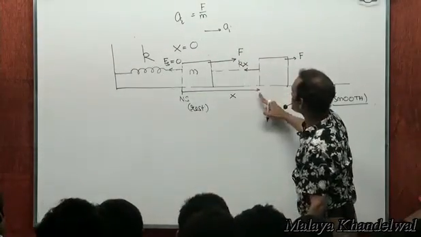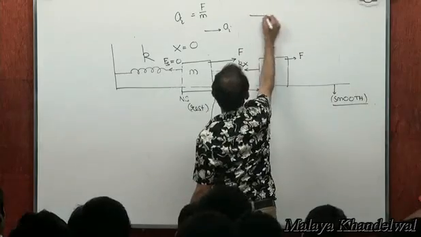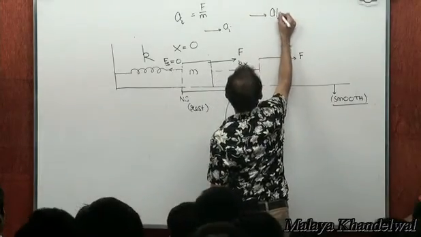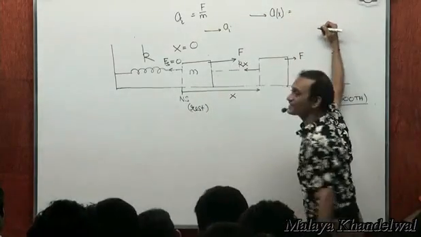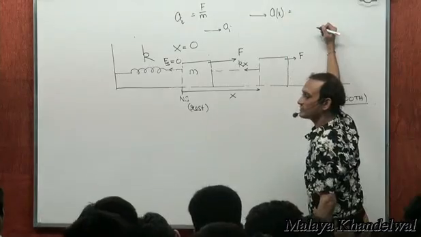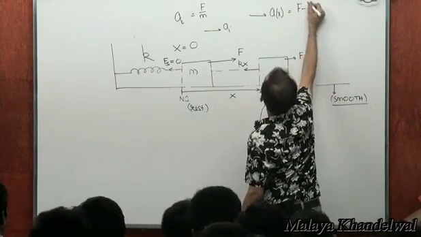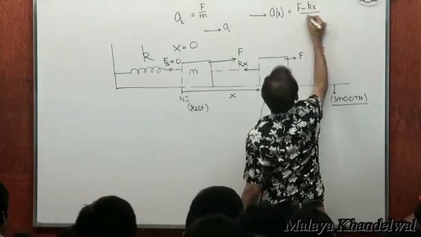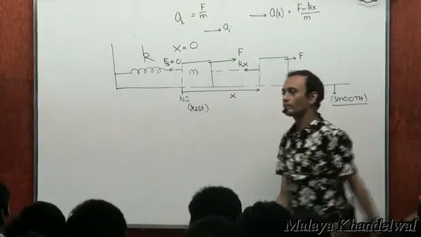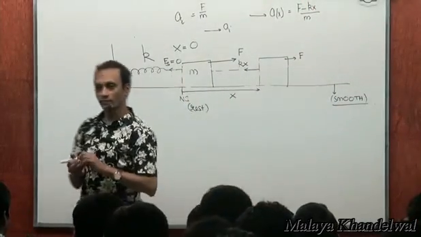What would be the acceleration at x? F minus kx by m.